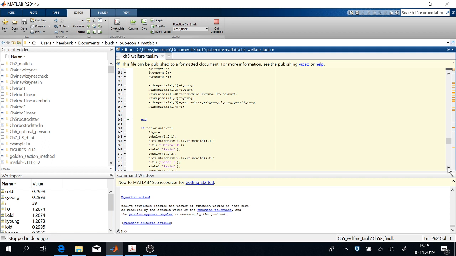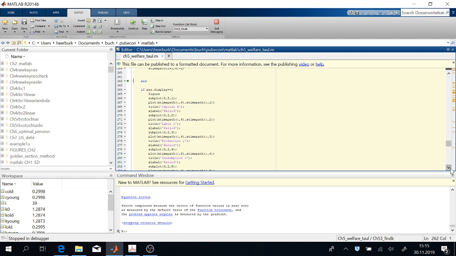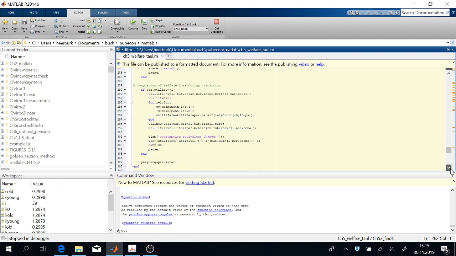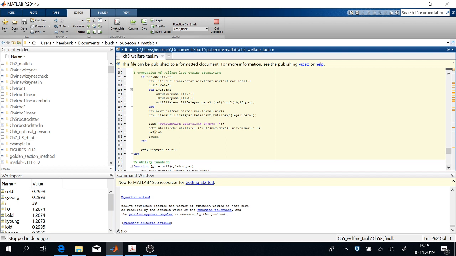And let us jump ahead. When we find the whole transition, we return in this procedure K0, which is then assigned to the variable K young, minus the old steady state value K star.